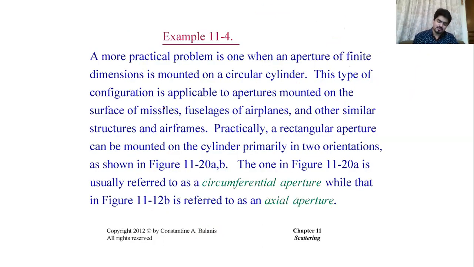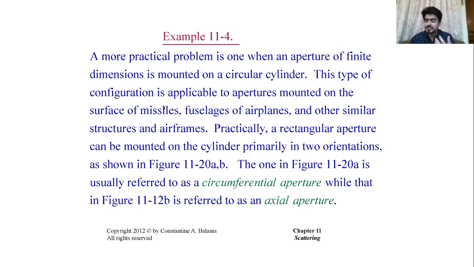Now something similar in example 11.4: we consider two types of apertures. One is a circumferential aperture and the other one is an axial aperture. Based on how their larger dimension is directed, we'll see the expressions for those kinds of apertures, and what the radiation from those apertures would be.